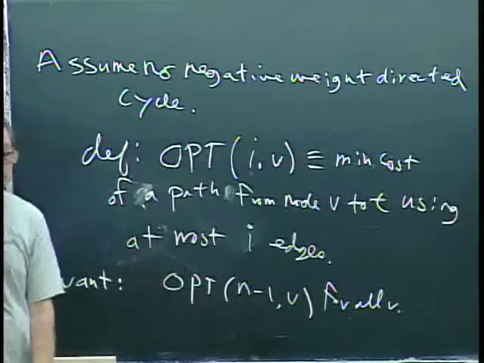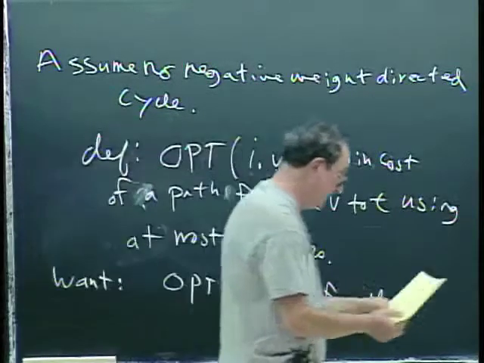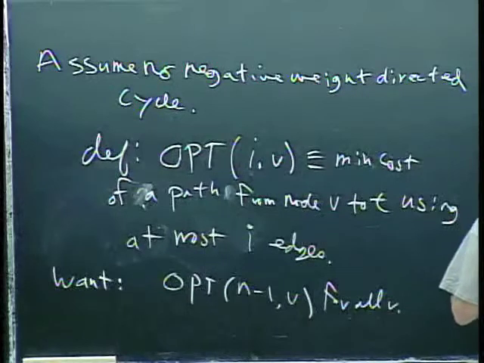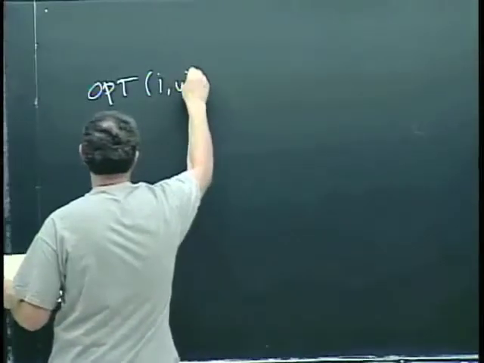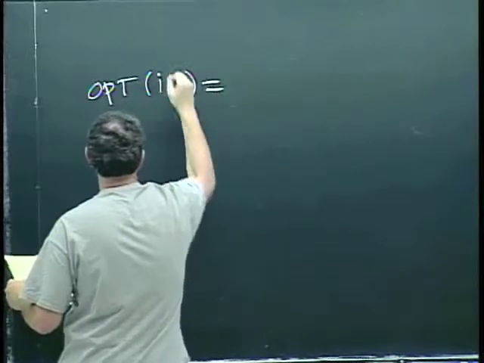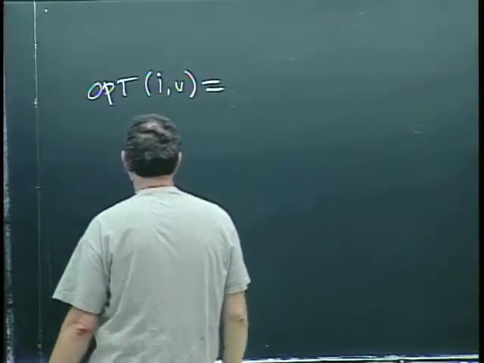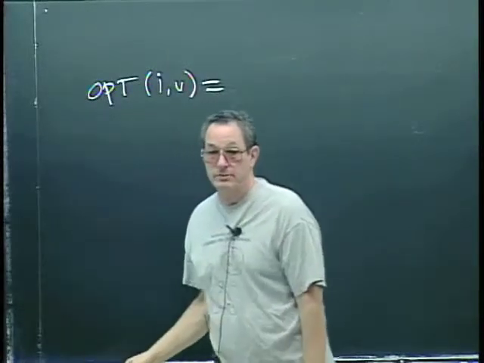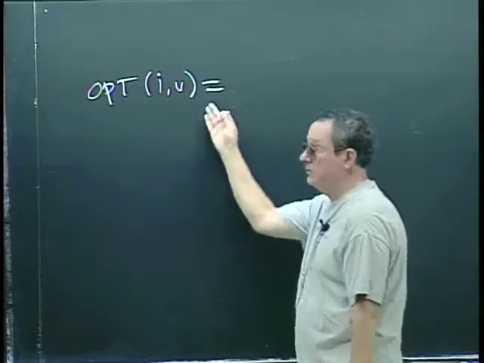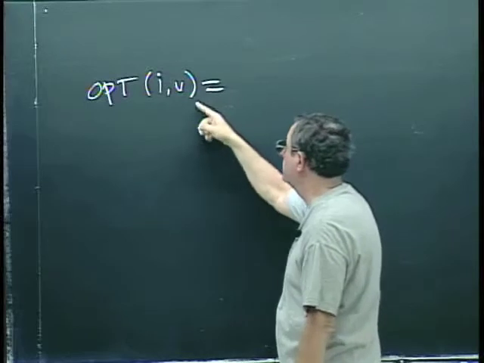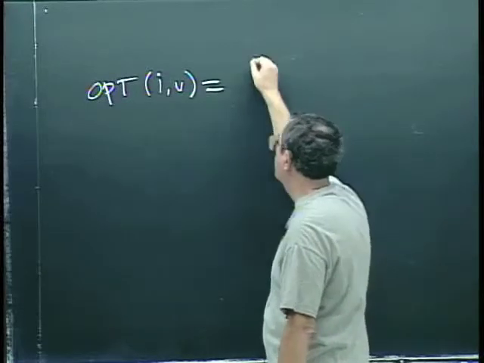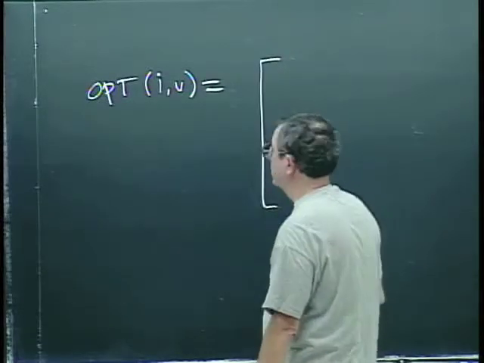Next thing we need is the recurrence relation. So opt of i, v. Well, as in most recurrence relations of dynamic programming sorts, you have some choices. So the choices, what's the obvious first choice?